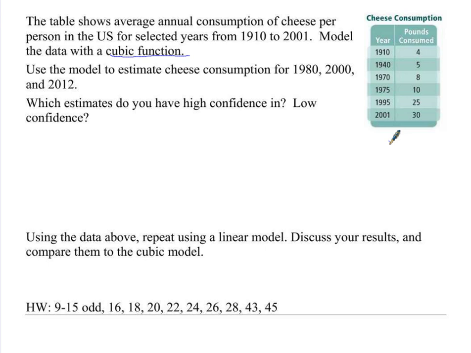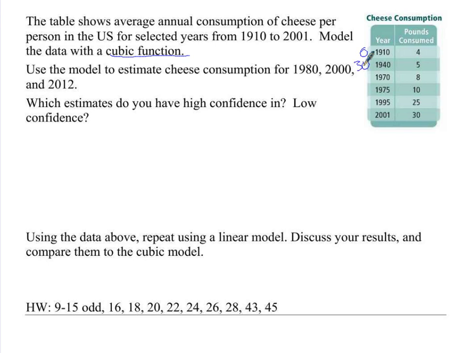Okay? All right, so we want to make a spreadsheet with this. We can do it on our calculator. Do I want to start at 1910? What do I want to start with? You could start with 10. I like 0, personally. So if I start with 1910 at 0, then that makes 1940 what?